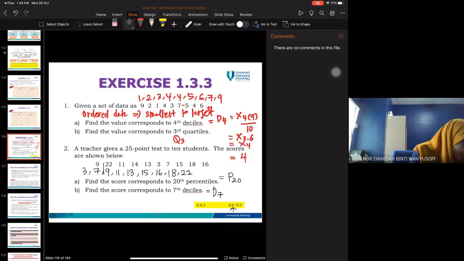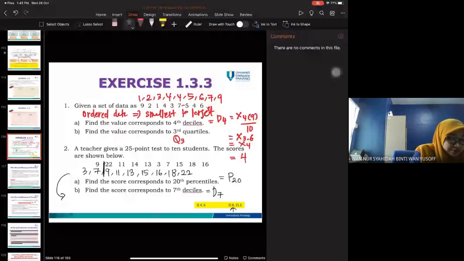Because percentile is always used in education, we can discuss the position of a student in class. So P20 equal to 8 means that the location is here. It is about the scores of the 10 students.